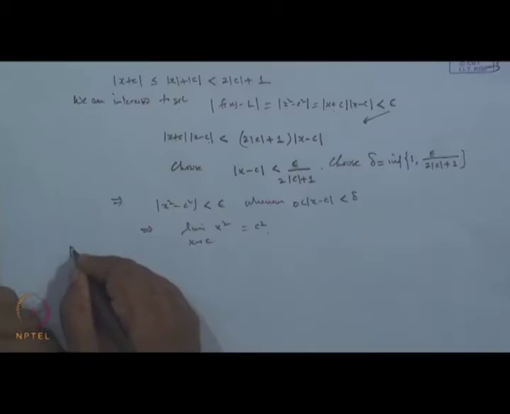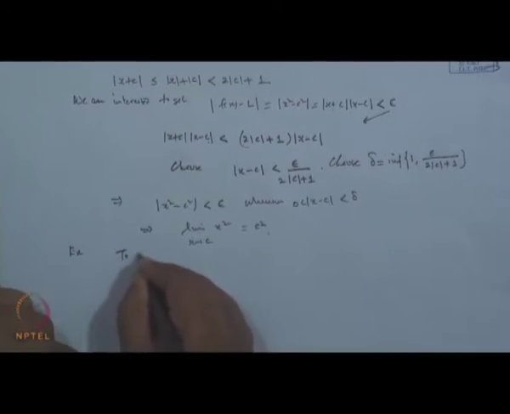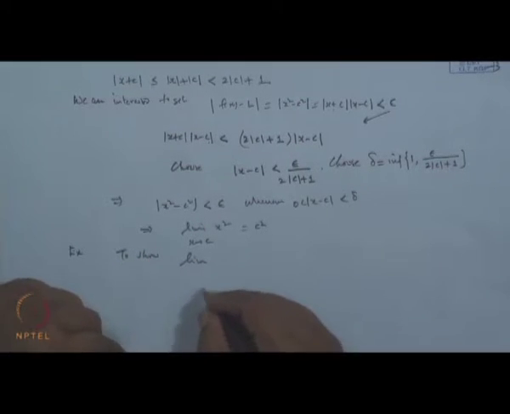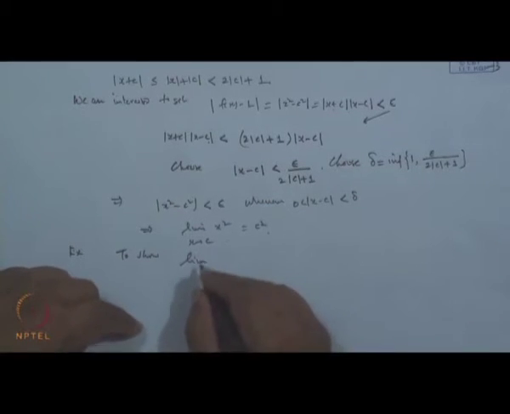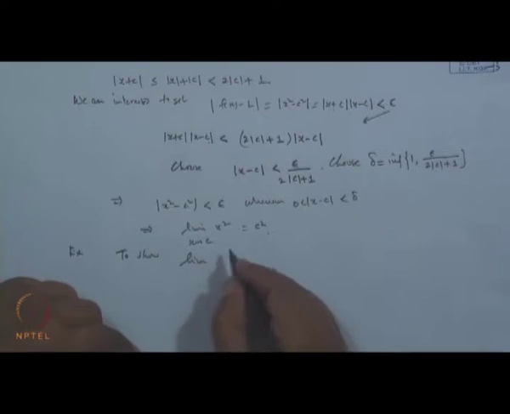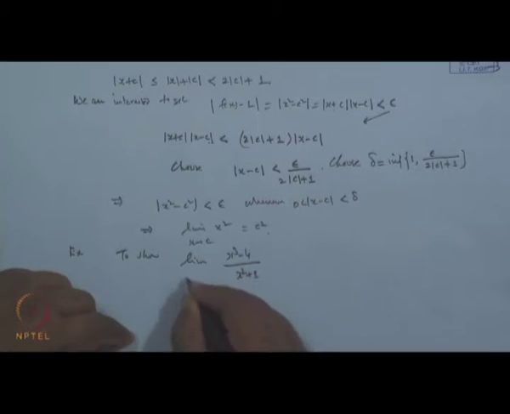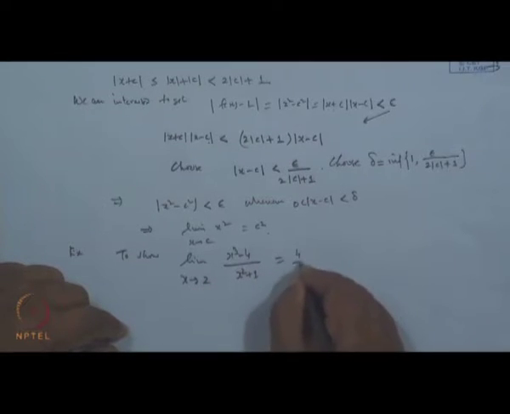Let us take one more example where we are also using some trick. Suppose I ask you to show that the limit of (x cube minus 4) divided by (x square plus 1) when x tends to 2 is 4 by 5.